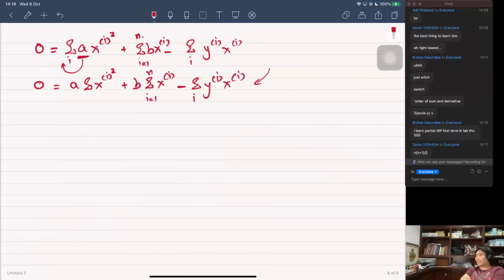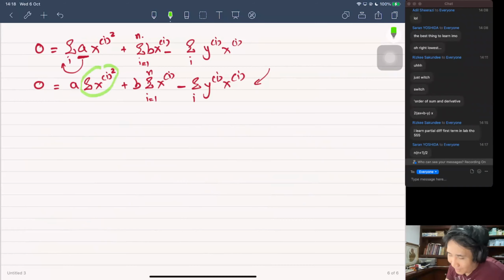How we get this? Any question? If not, let me ask you, what are the variables and what is a constant? Even though I call these things x and y, they're not variables. They are data points, which are fixed.